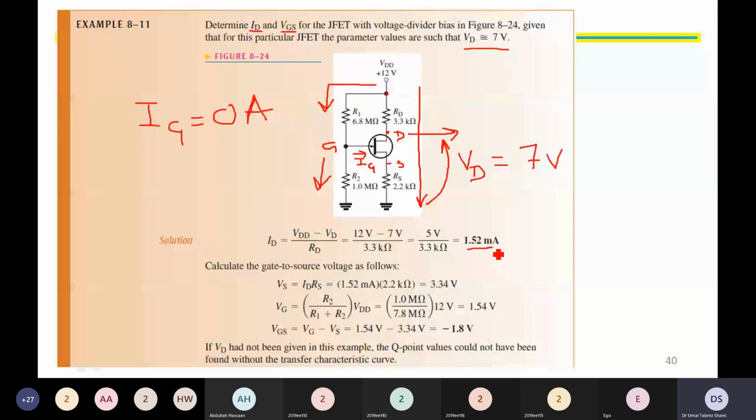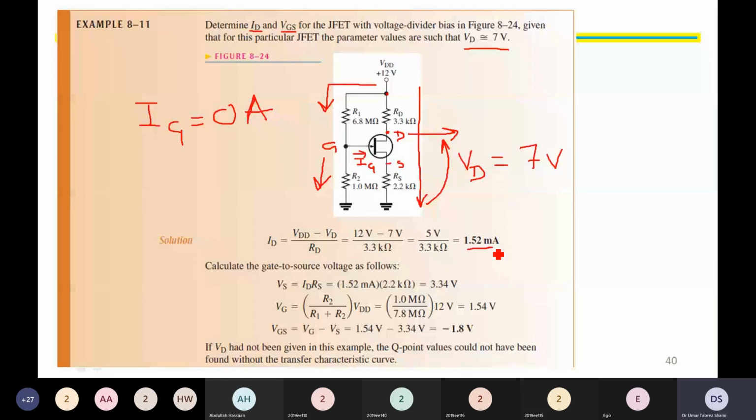This is the current that flows through RD. It is the same current that flows through drain and source, and through resistance RS. So we have found the drain current equal to 1.52 milliampere.